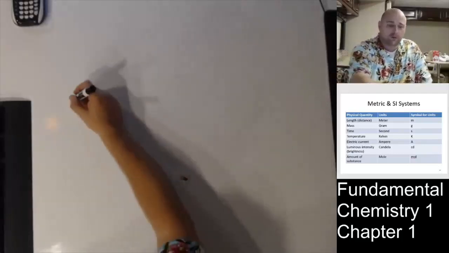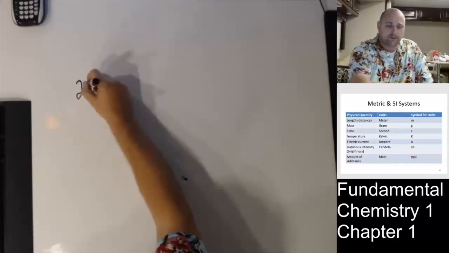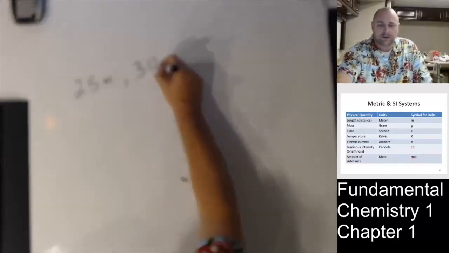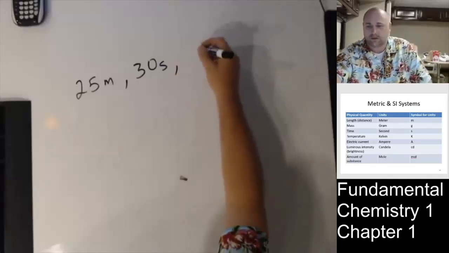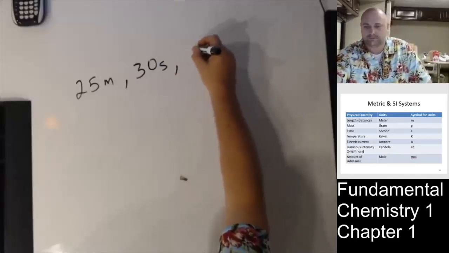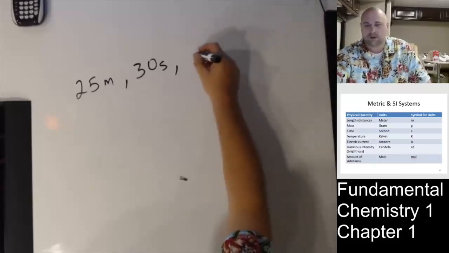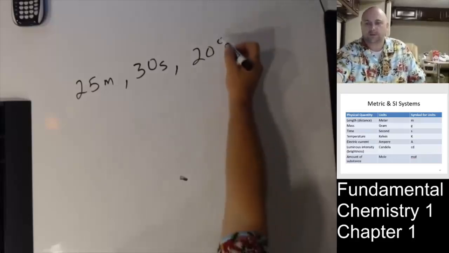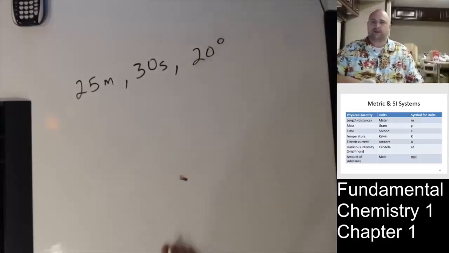So when we see a problem that says something like 25 meters, 30 seconds, 20 degrees, we need to be able to break this information down.